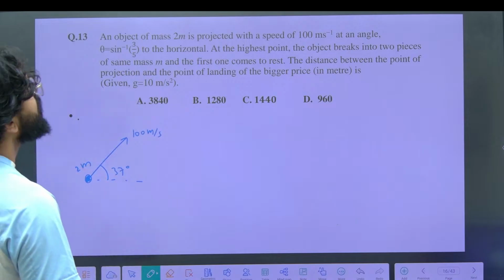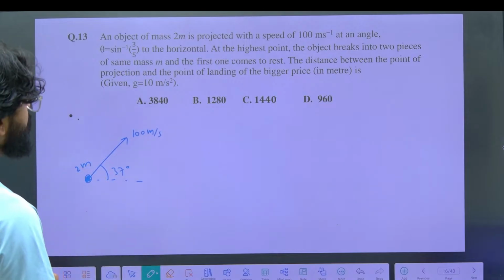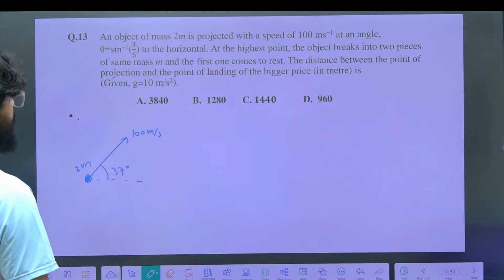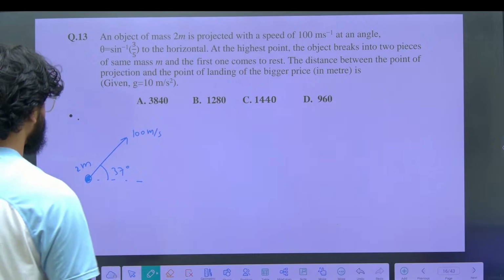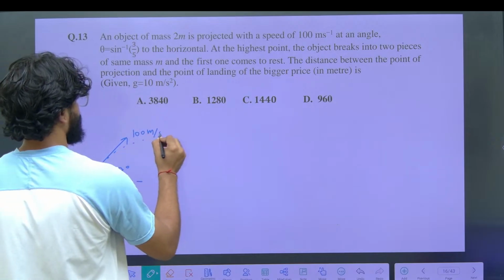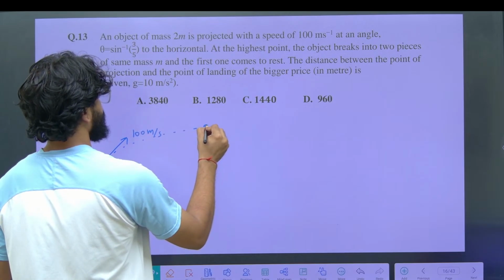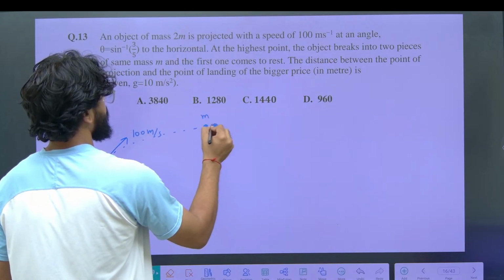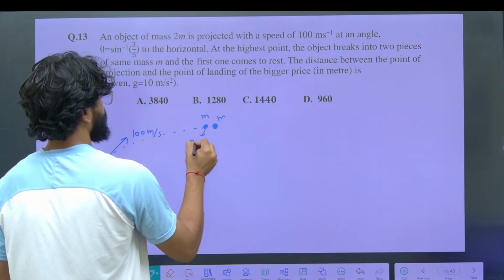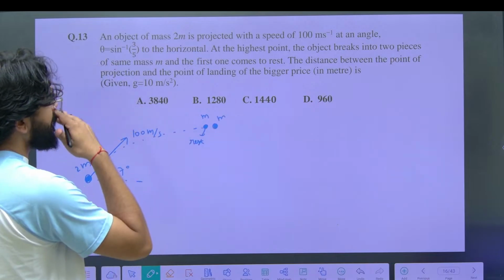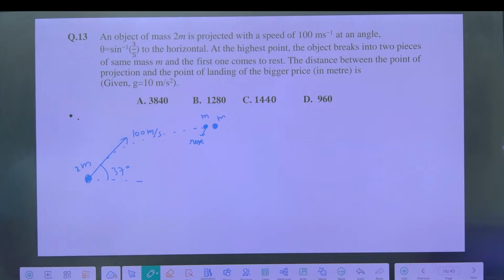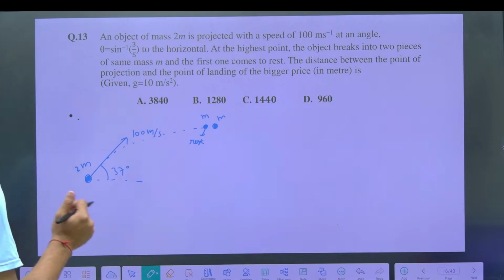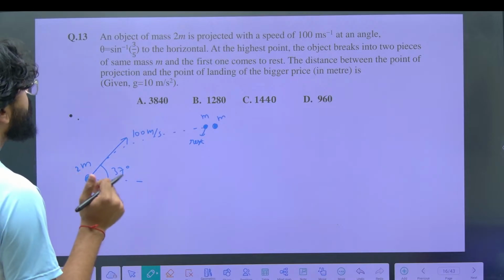At the highest point, the object breaks into two pieces of same mass m, and the first one comes to rest. So over here, it immediately comes to rest, and this guy, they want to say something. At the highest point, it breaks into two, and we need the distance between the point of projection and the point of landing of the bigger piece.